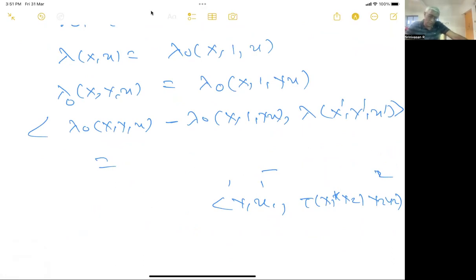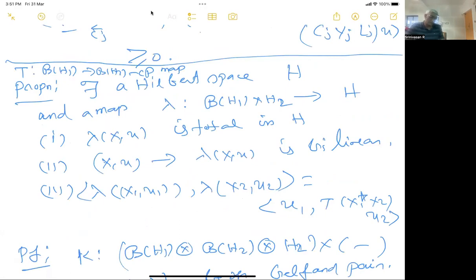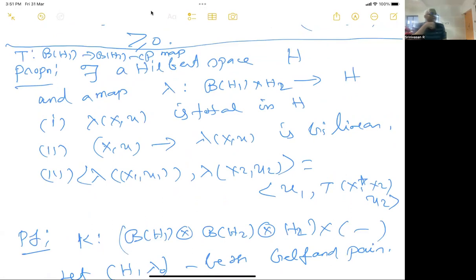Since those sets are total, if something is orthogonal to a total set of vectors, it is actually 0. So they are equal. This is the same trick we have to repeat for each and every statement. So totality is one thing. The third one is clear, that's direct by taking 1. For the second one, linearity, you take alpha x1 plus beta x2, take the alpha and beta out, then take the inner product with the total set of vectors, and that will be the same thing.